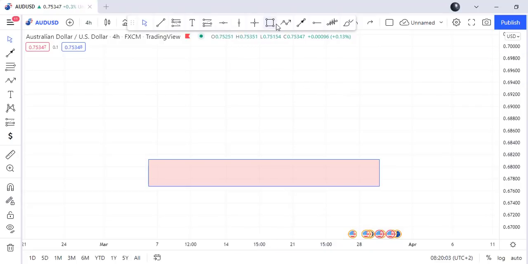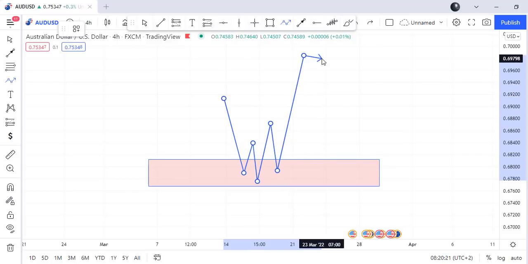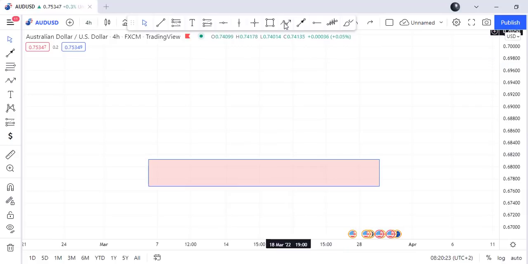But you need to understand something: when price gets to your order block like this, let's say we are buying, it's going to leave a low like that, then it's coming back and taking out that low, goes up, takes out a high, then comes back to some other block, then goes up. This is the fractal that you are going to see.